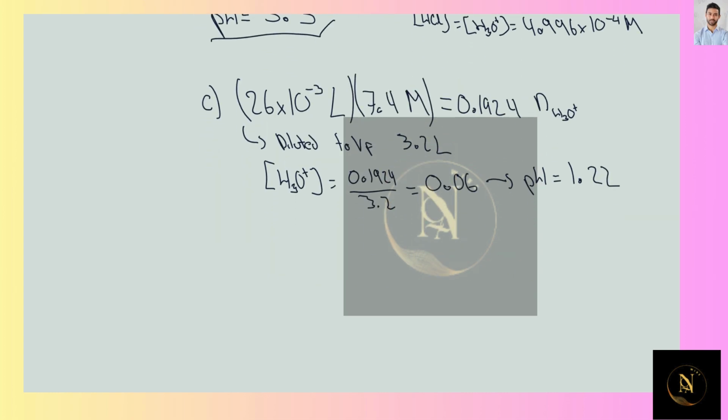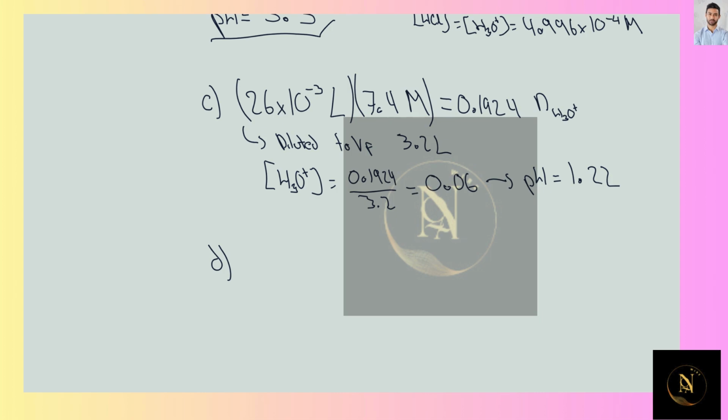And finally for D, we have a mixture. The first thing that we need to get is the amount of H3O plus that is generated and that is going to appear in our final solution. So we need to add the result from both of the components that we're adding.